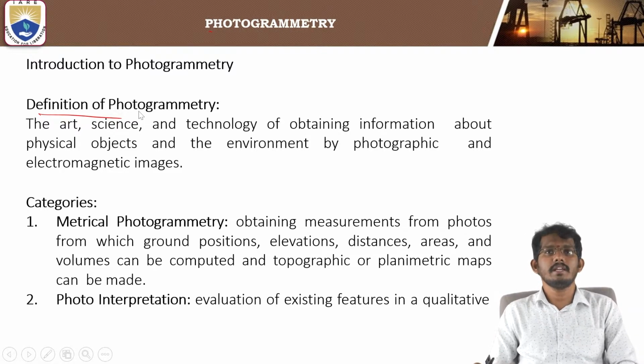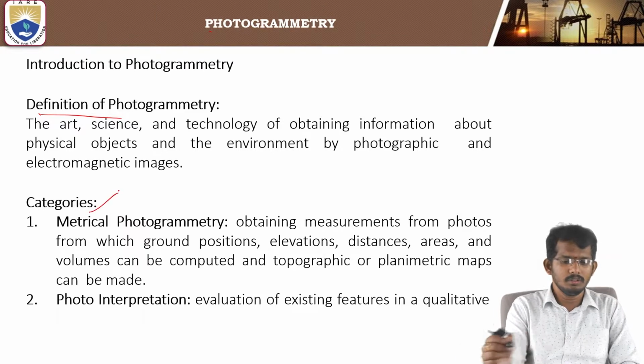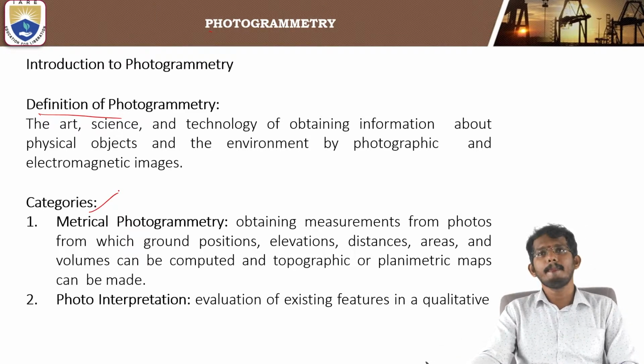There are a few categories in photogrammetry. Metrical photogrammetry obtains measurements from photos, from which ground position, elevation, distance, areas, and volumes can be computed, and topographic and planimetric maps can be made.